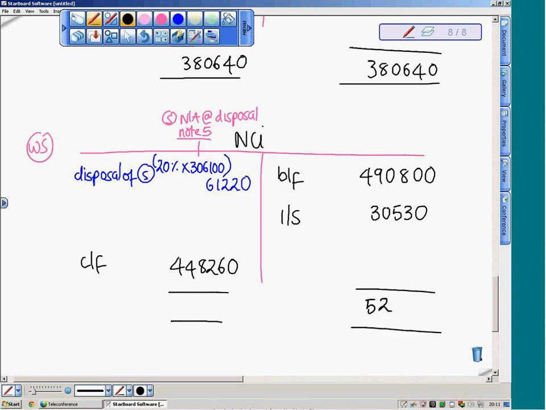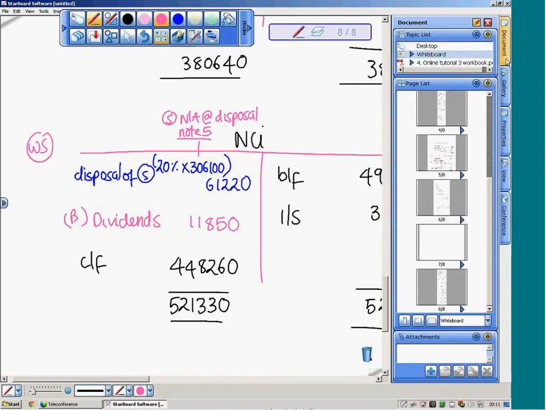So if I total up, 1330. The balancing number is going to be my dividends. And that means the 11,850. Okay.